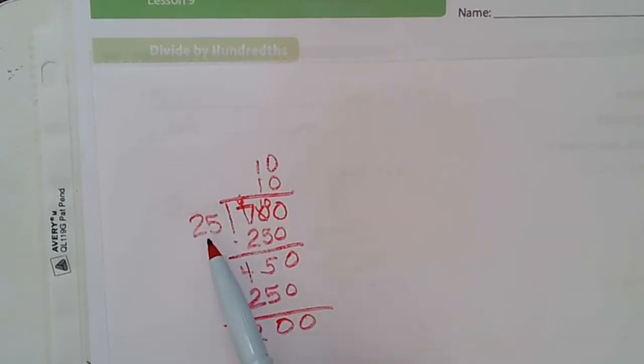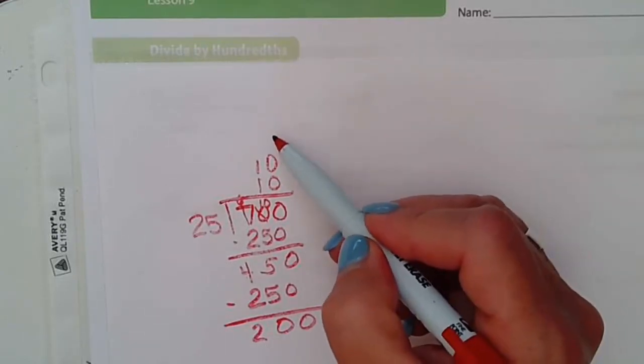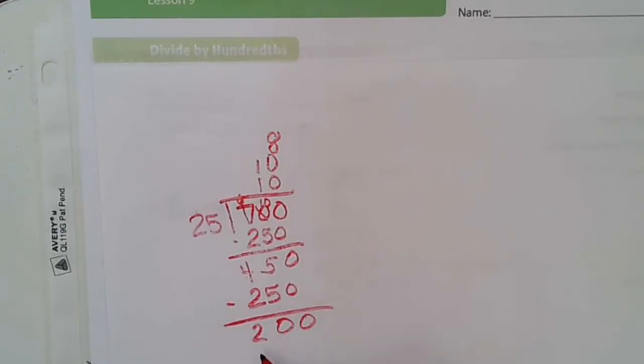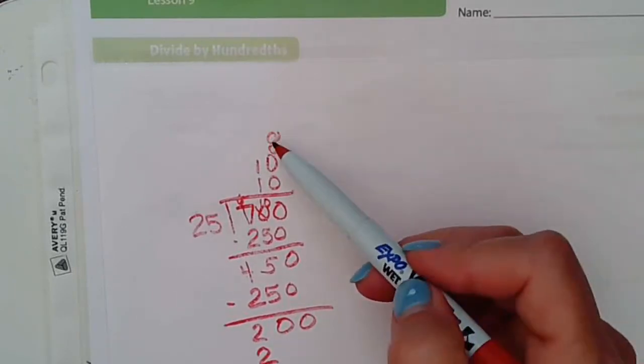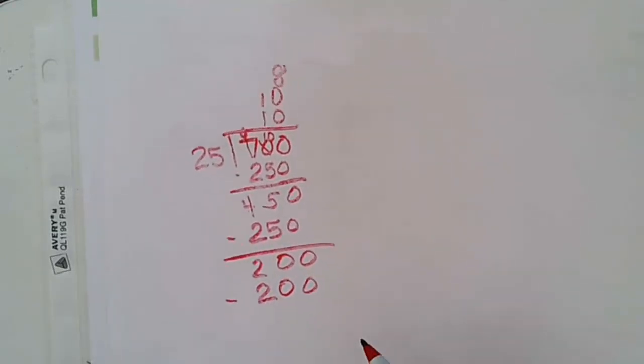But in my mind, I'm thinking, oh, I know how many quarters, because 25 cents is a quarter, there are in $2. I know 4 quarters make $1, so 8 quarters would make $2. So 8 times 25 gives me 200.